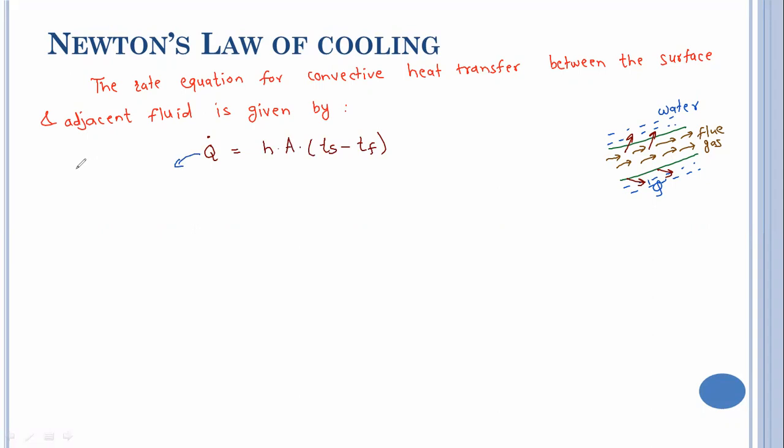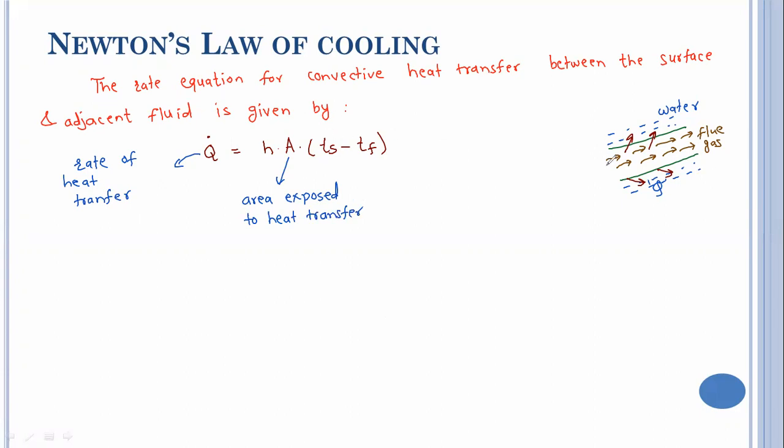Q dot is the rate of heat transfer. Now what is A here? Basically A is the area exposed to heat transfer.